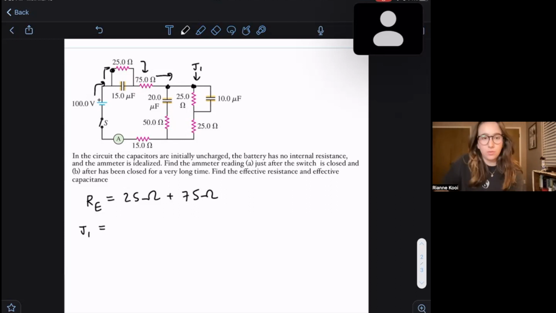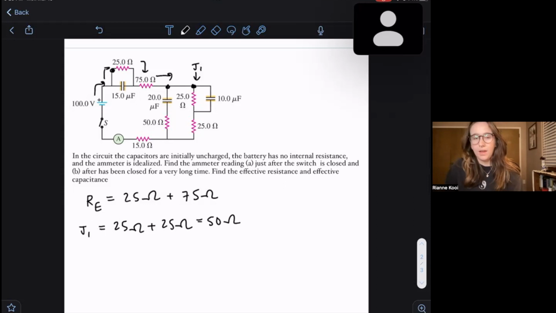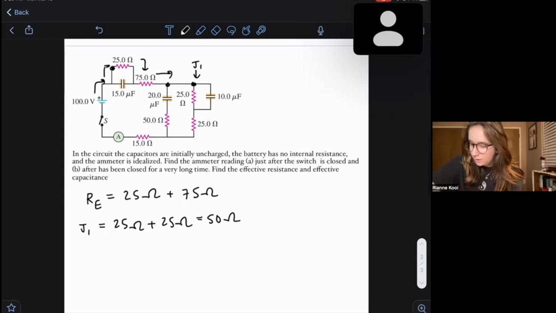We have two resistors in series, each at 25 ohms, which is 50 ohms. And then we have a 50 ohm resistor in parallel with that. So at J2, we have a 50 ohm resistor.